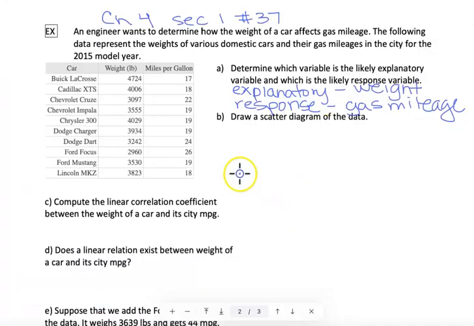And going back to my notes, it is important that you say r equals. This is obviously a sample and not a population. So negative 0.8416.